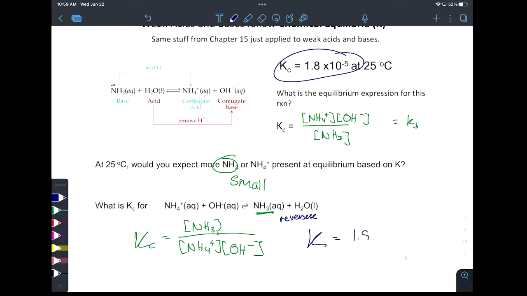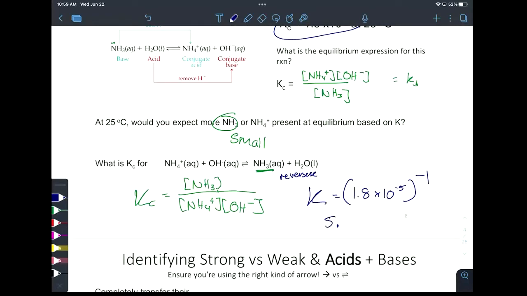So 1.8 times 10 to the -5, and then we just take it to the -1 because we reversed it. I don't know what that answer is. 1.8e-5 to the -1. 5.6 times 10 to the 4.